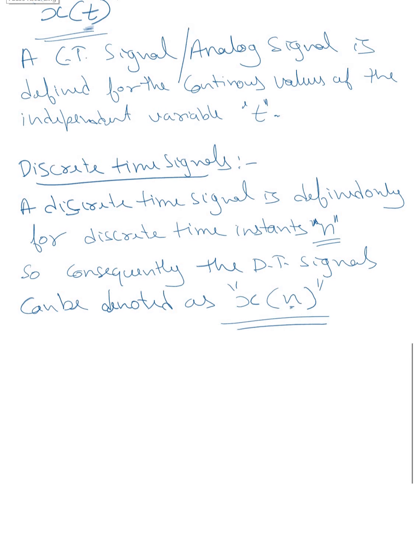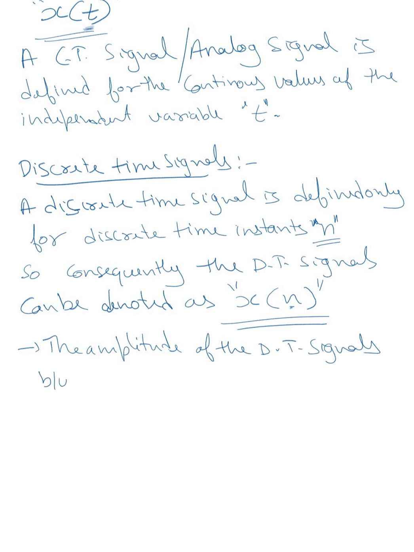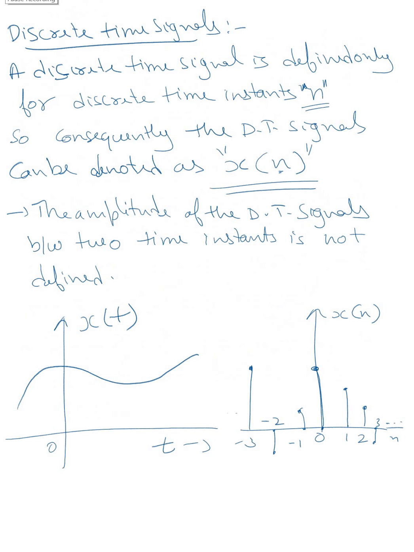Another important point in case of a discrete time signal is that the amplitude of the discrete time signal between two time instants is not defined. You can see the graphical representation of both the continuous time signal and the discrete time signal here.